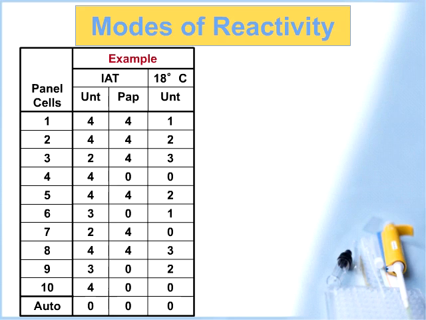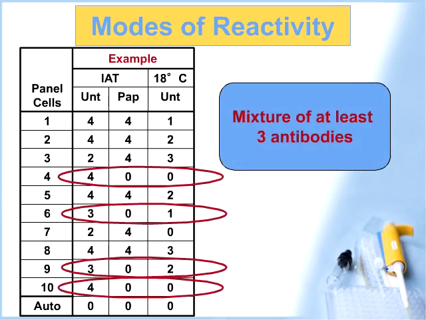But if you just add 2 tests, a papain IAT test and a direct agglutination test at room temperature, you can automatically see that you are dealing with at least 3 different antibodies. So you have something that's papain sensitive, and something that's possibly enhanced by papain or reacting in the same strength as papain, so there could be 4 antibodies.